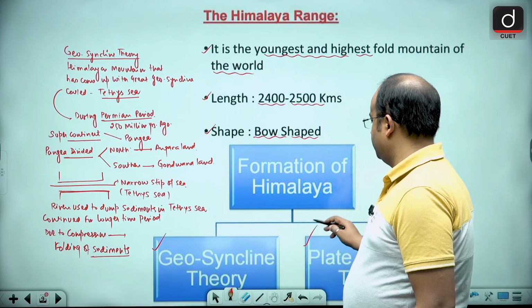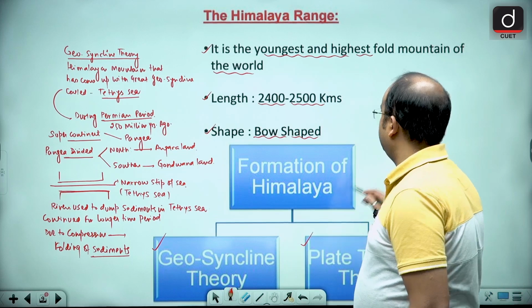Next we have the most relevant theory, called plate tectonic theory.